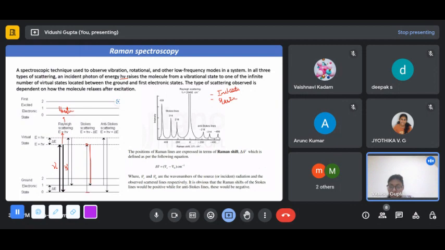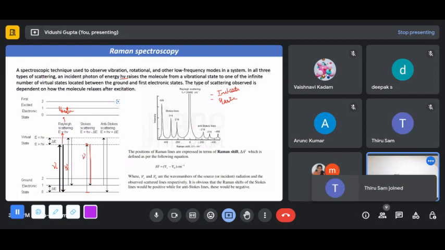Like from here it started, so it relaxes back to a lower state. This type of scattering is Stokes scattering, and this energy is given by h mu minus delta E. Here this will be the frequency of the incident radiation, and this will be the frequency of the scattered radiation. So here the energy will be h mu minus delta E.